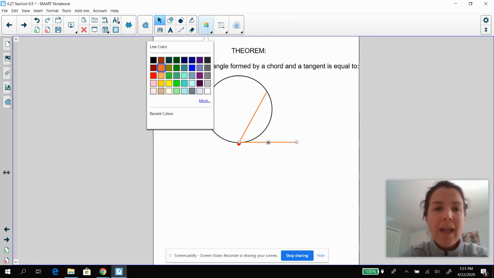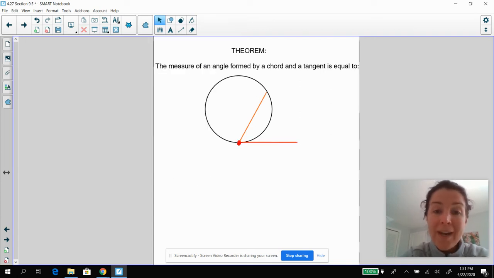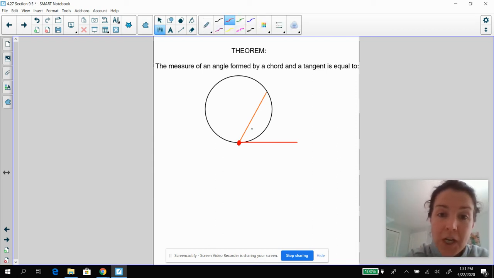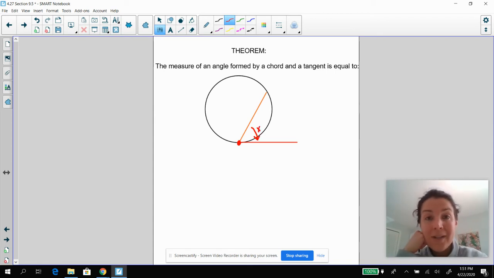So remember, if my vertex is on the circle, then I know that the measurement of this angle, I don't know why the color of that tangent changed, but whatever, I know that this angle is still considered an inscribed angle. It might be weird, but it's still considered an inscribed angle.